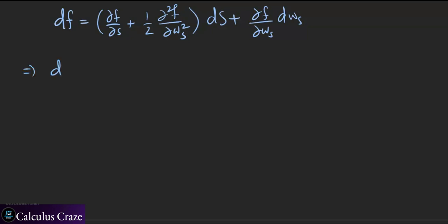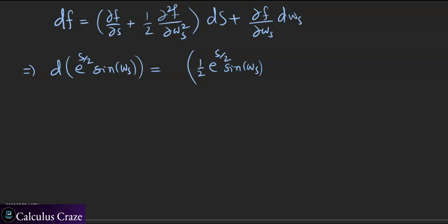So my f is e to the s by 2 sine w sub s, and df is equal to the partial derivative of f with respect to s, which we have calculated, 1 half e to the s by 2 multiplied by sine of w sub s, plus 1 half the second partial derivative of f, which turned out to be minus e to the s by 2 sine w sub s.